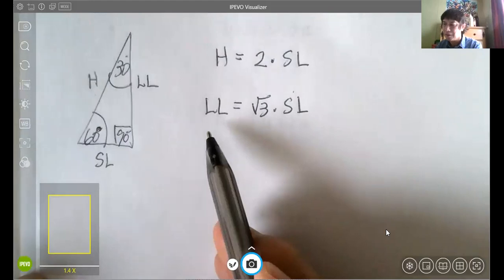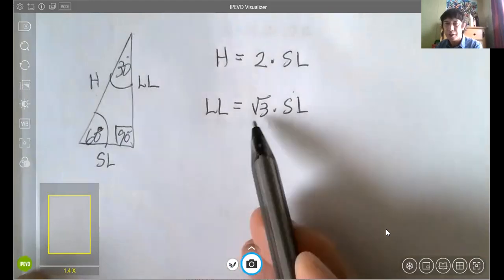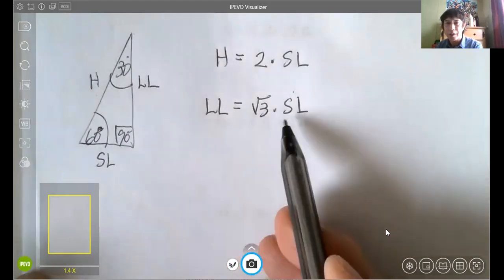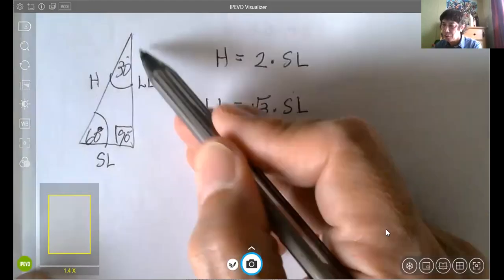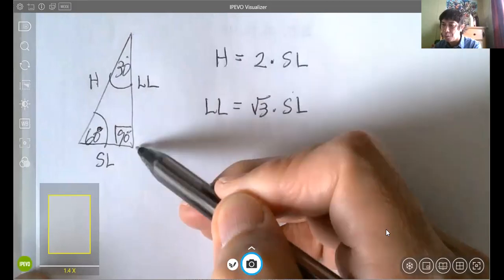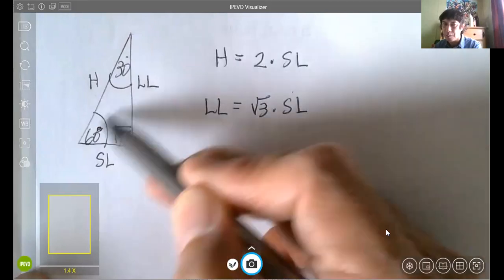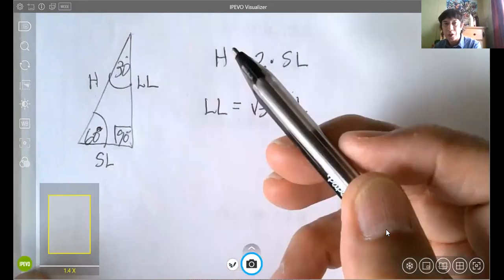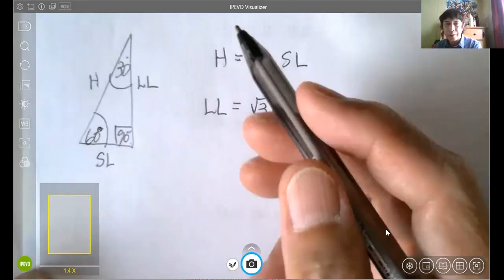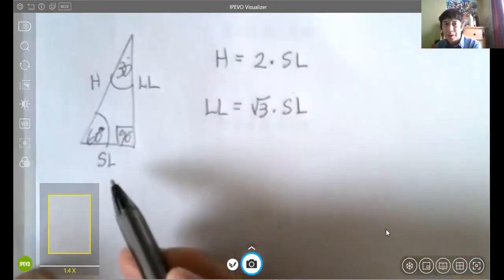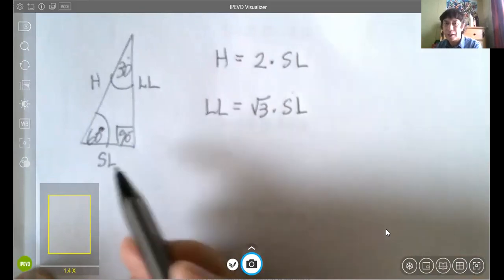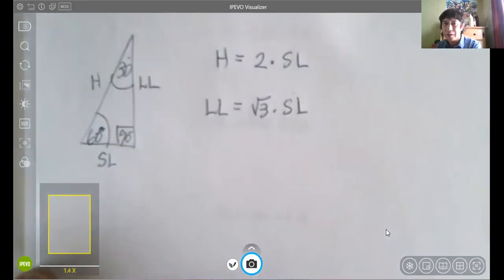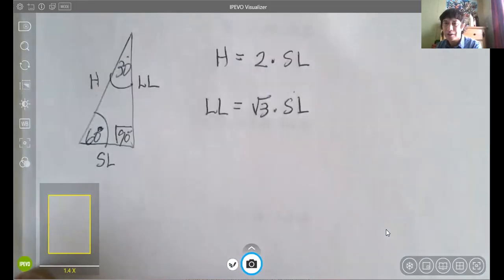LL is equal to square root of 3 times the shorter leg. So this side that you can see, which is the longer leg and opposite the 60, is square root of 3 times the shorter leg. That's why you have that particular formula. Longer leg is equal to square root of 3 times the shorter leg.